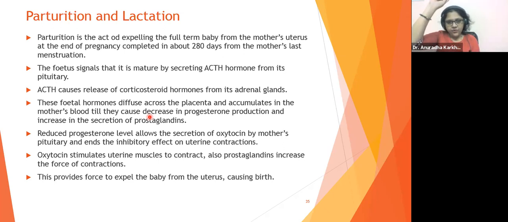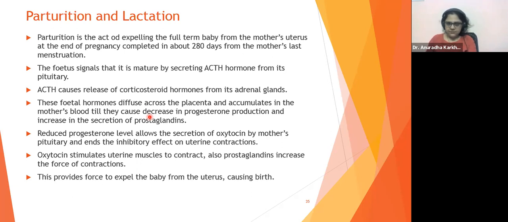Now, as the corticosteroids get accumulated in the mother's blood, the progesterone level will drop. The more corticosteroids diffuse from the fetal blood to the maternal blood, the more progesterone goes on decreasing in the mother's blood.